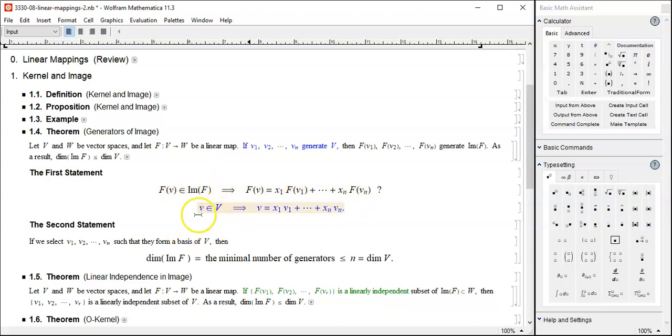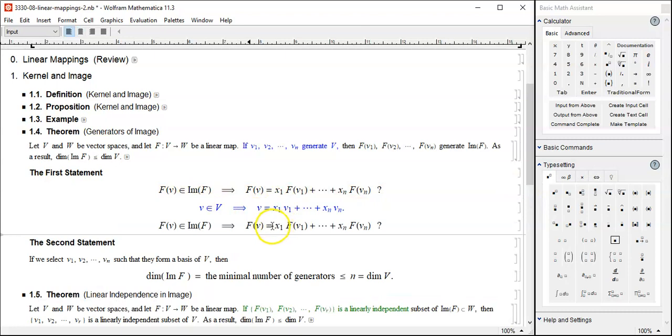For an arbitrarily selected vector v from vector space capital V, it can be written as a linear combination of v1, v2, all the way over to vn. So that's what we know. v1 through vn generate capital V. And then let's prove this.